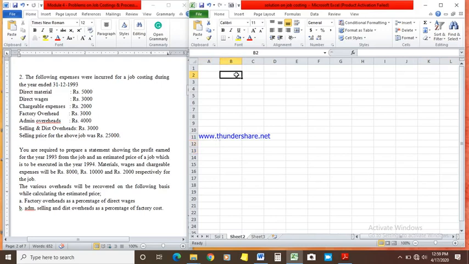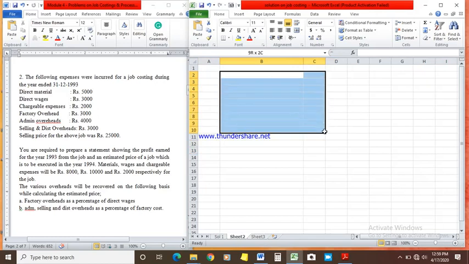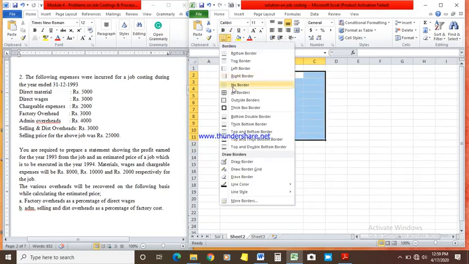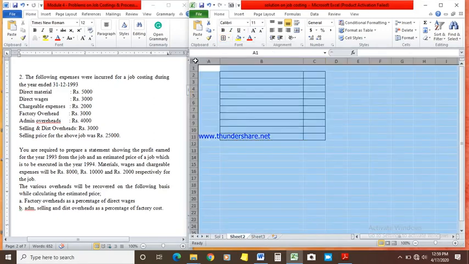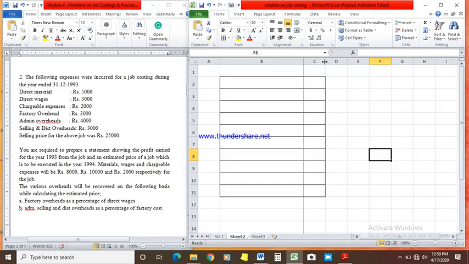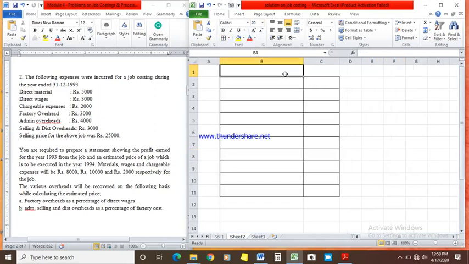So let me just draw one small cost sheet. I'll increase the font size to make it slightly more visible. I'll write here: job cost sheet for the year 1993.